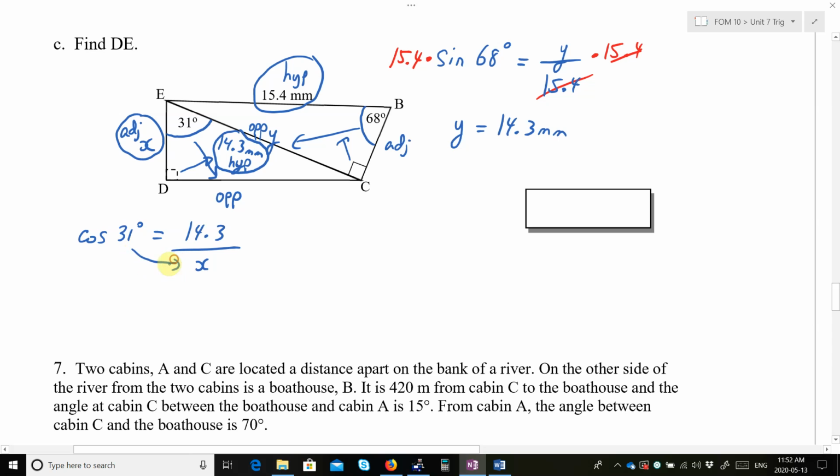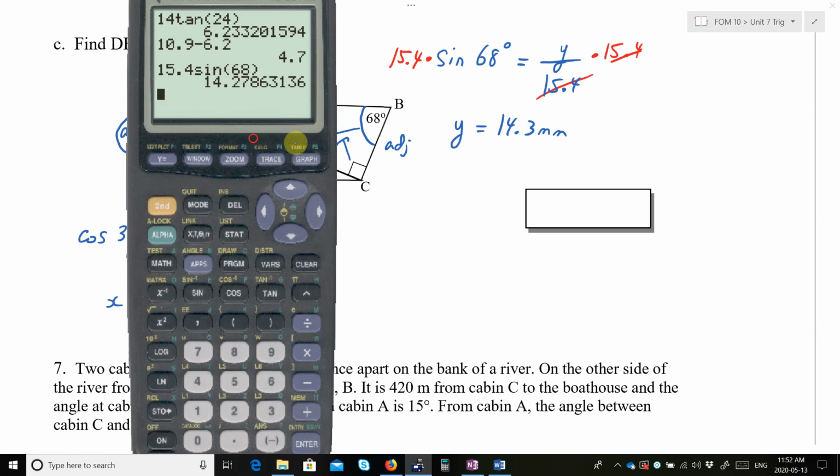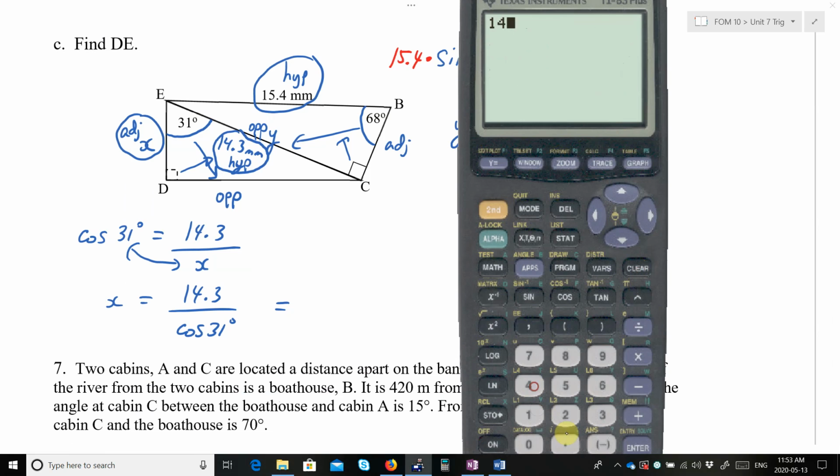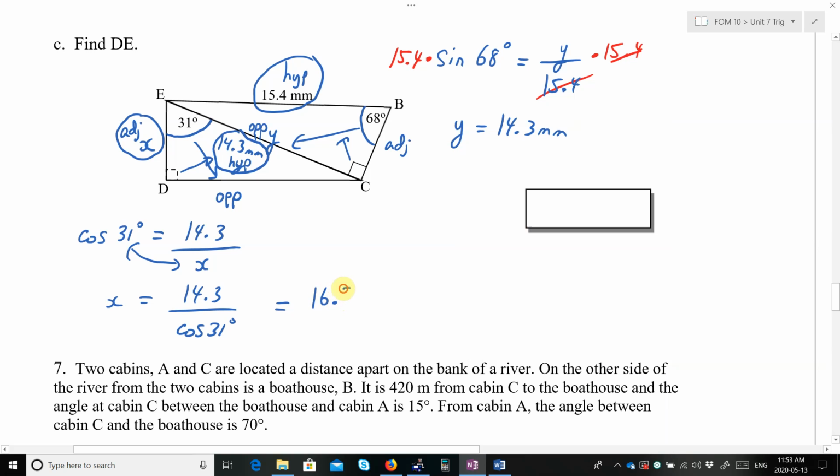And remember, when we have an equation of this type, the x and the cos 31 will switch spots. And so you simply go 14.3 divided by cos 31, which is 16.7. So DE, which we've labeled x, is equal to 16.7 millimeters.